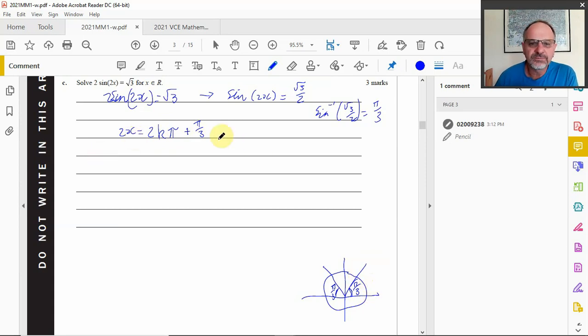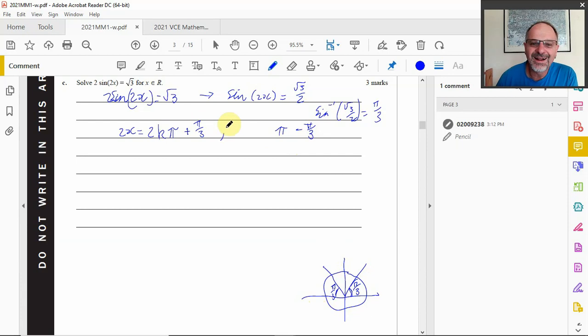All right. Now the other one is odd multiples of pi minus pi on 3. This is one way of describing it. Now, how do we get an odd number?